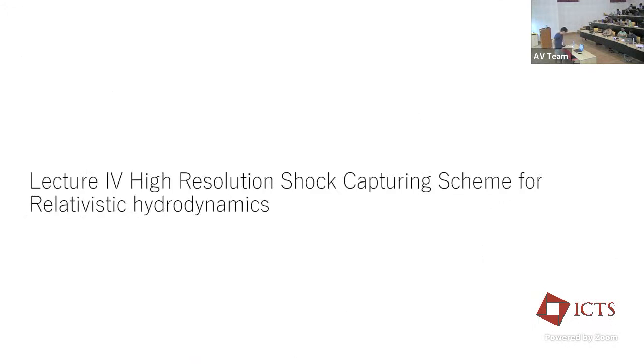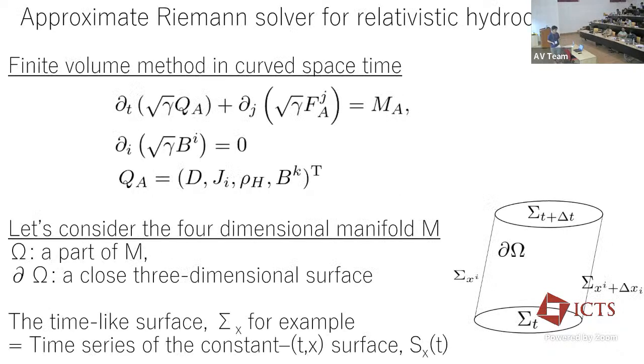Okay, so the second part is a high-resolution shock-capturing scheme for relativistic hydrodynamics and relativistic magnetohydrodynamics in curved spacetime. First, let's derive the finite volume method. Let's define a finite volume method in curved spacetime, because our primary target is hydrodynamics and magnetohydrodynamics in curved spacetimes.